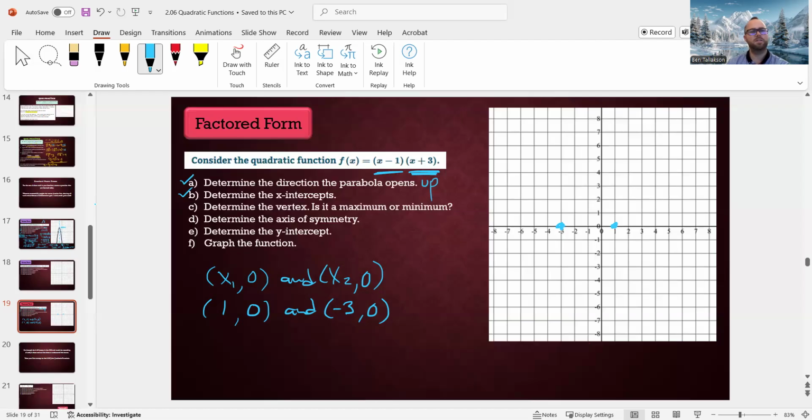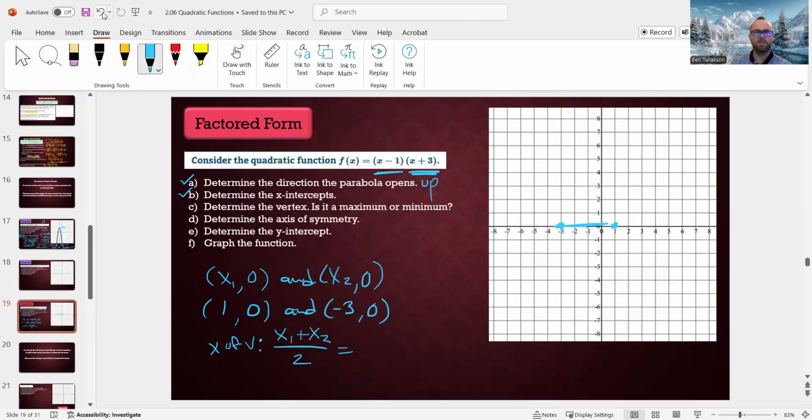Vertex, okay, x of v. How do we find the vertex for this? Do you remember? Well, there's that formula, right? If you know your x-intercepts, it's (x1 plus x2) over 2. It's the average distance in between, right?